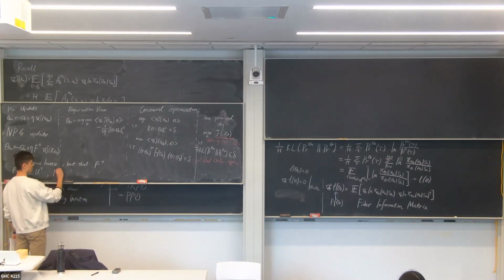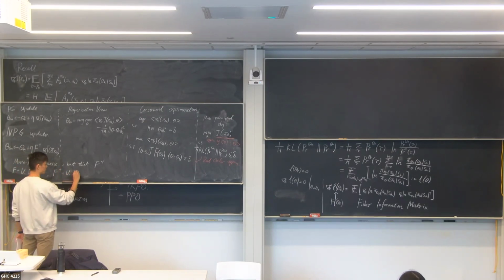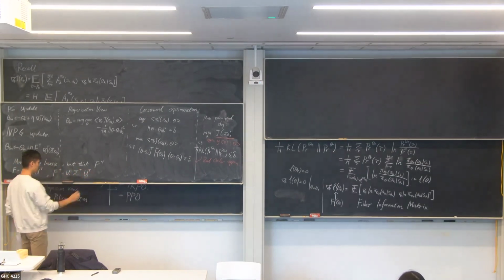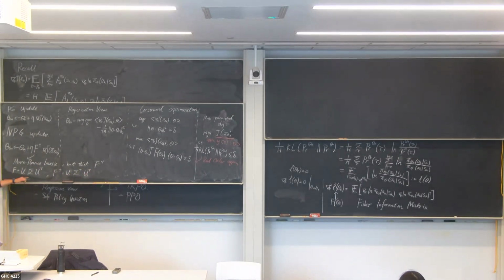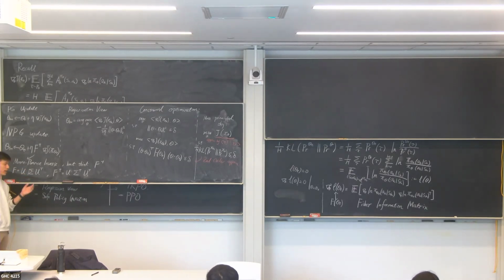This pseudo inverse is just saying you do inverse where you can. The only thing happening here is you keep the U matrix, which is really some form of rotations. This is just a diagonal matrix with some values on the diagonal. But when F is not full rank, some of the entries are 0.